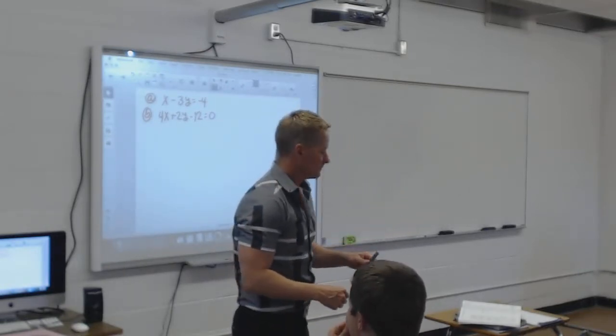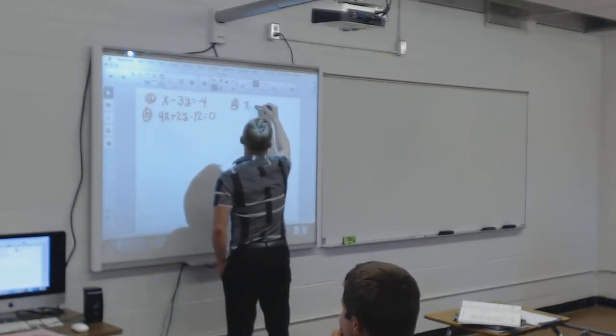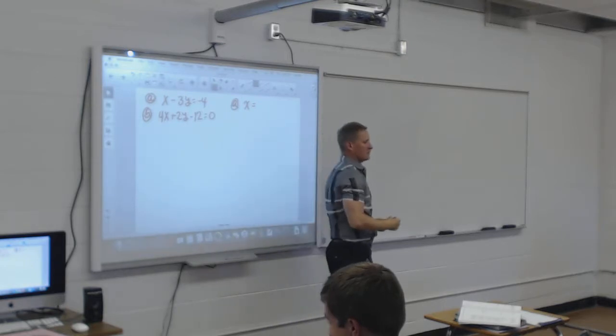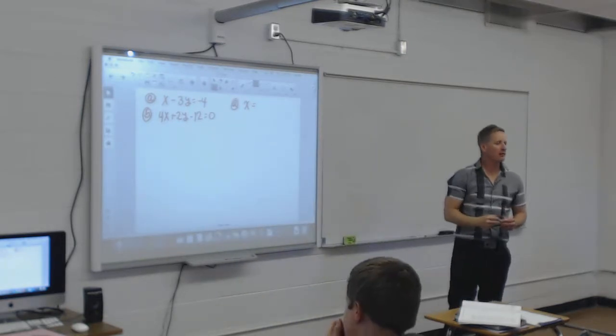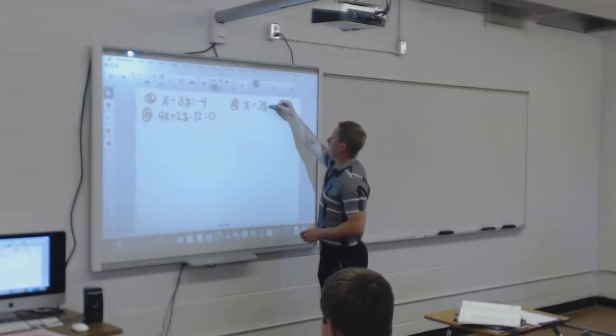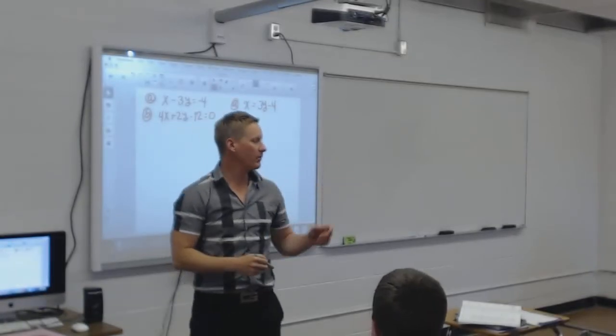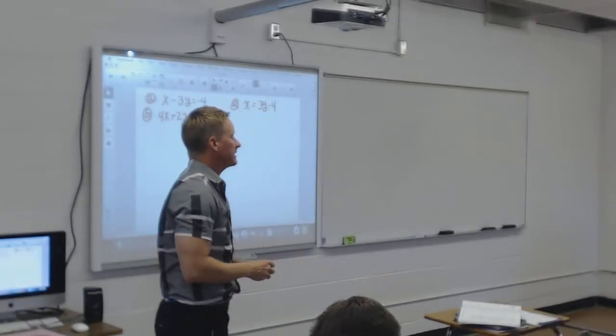X in A? Okay, I'm good with that. A, x is equal to 3y subtract 4. How did I get that? I added 3y to the other side. Well said.